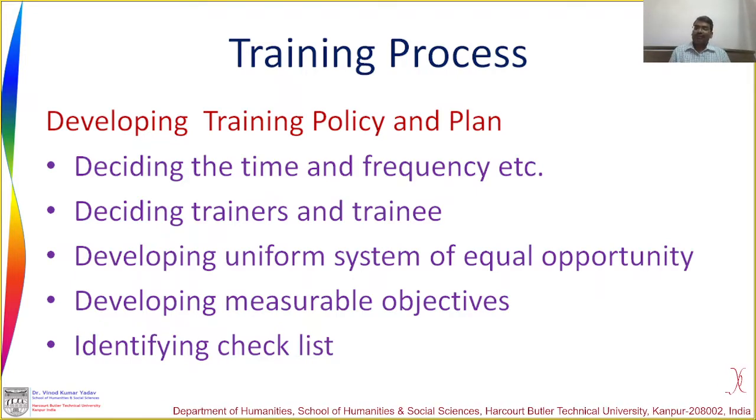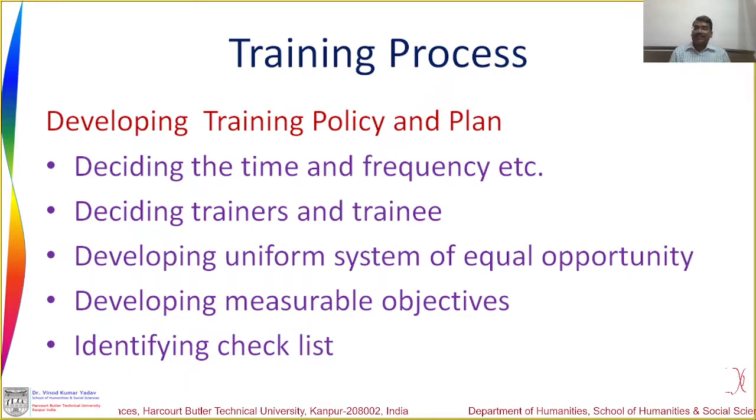You decide who will be trainer and who will be trainee. For example, in some companies it is already decided that above the level of grade 4, the people will be trainers, and below they will be trainees. Or maybe not in terms of grade, maybe in terms of skills, or maybe in terms of knowledge. Developing a uniform system of equal opportunity to all employees.